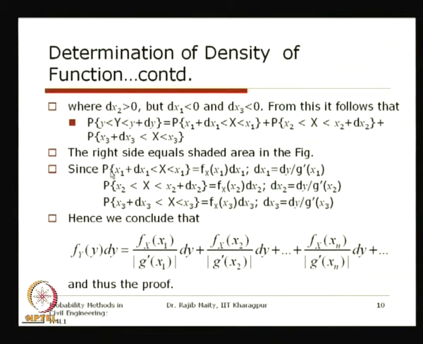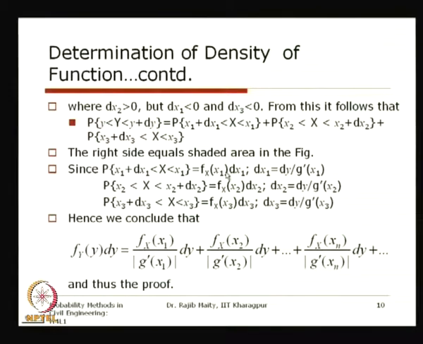Now this probability, that is the probability of x1 plus dx1 less than x less than x1, is the density function at x1 multiplied by dx1, that small change from that point. So basically this is how we are calculating the area, and the area on the PDF, you know, is nothing but the probability.